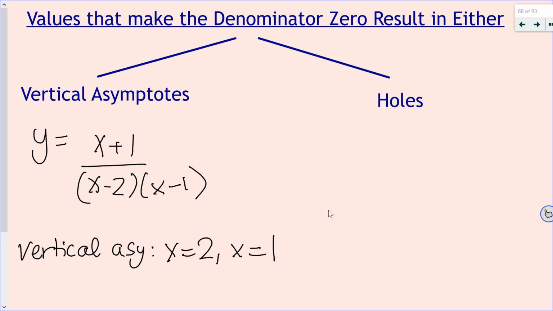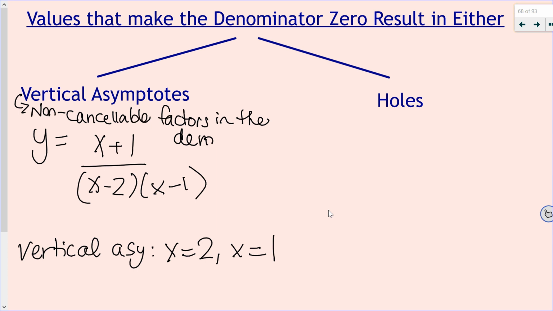So vertical asymptotes occur when you have non-cancelable factors in the denominator.